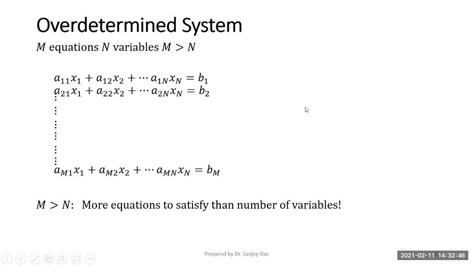How can we satisfy 5 equations if we have only 3 variables, right? When m is greater than n, we have more equations to satisfy than the total number of variables. So clearly, unless there's some linear dependency, we cannot hope to satisfy all these linear equations separately, right?